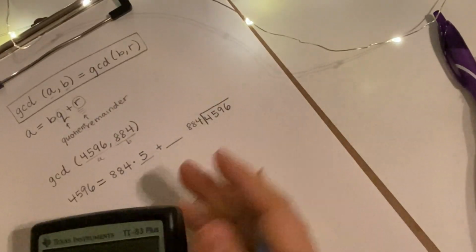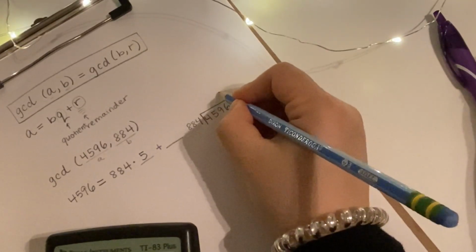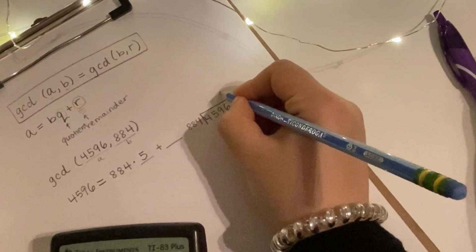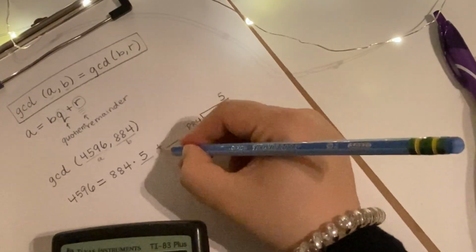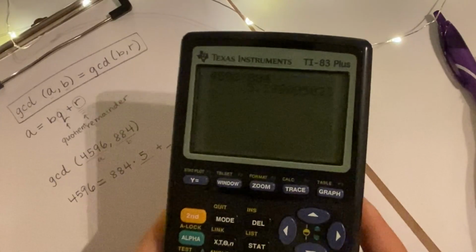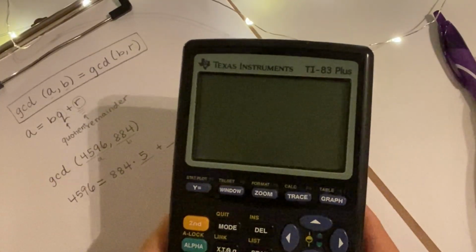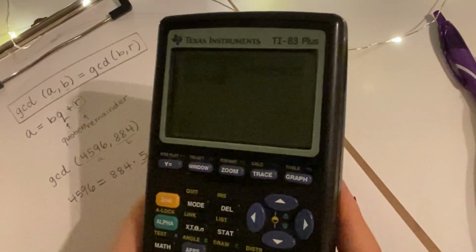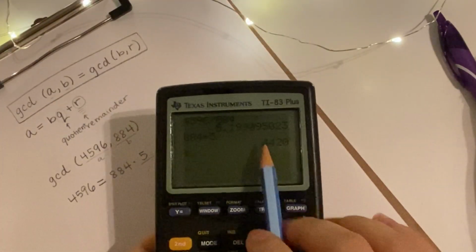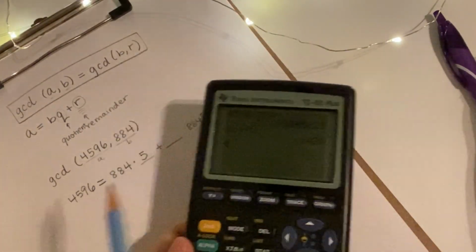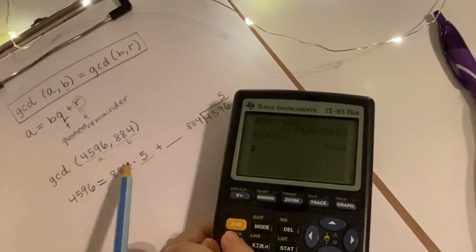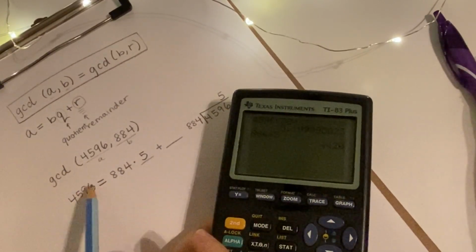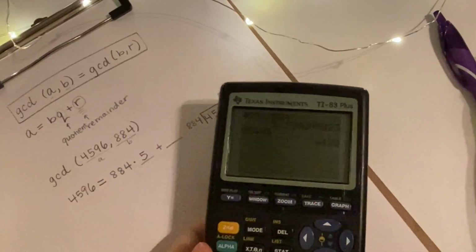And then to know what the remainder is, if you were to carry this out, you would multiply this out. 884 times 5 is 4420. And then the remainder would be 4596 minus this. I'm going to go ahead and just subtract.